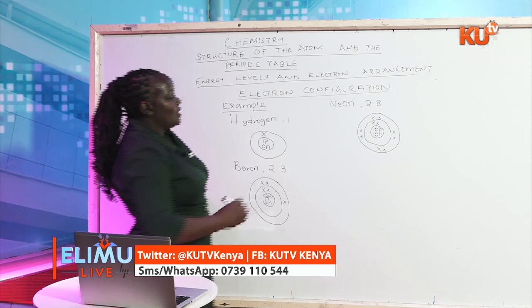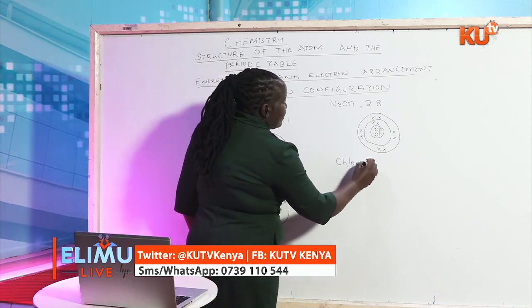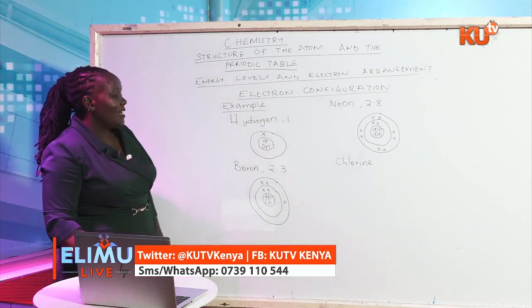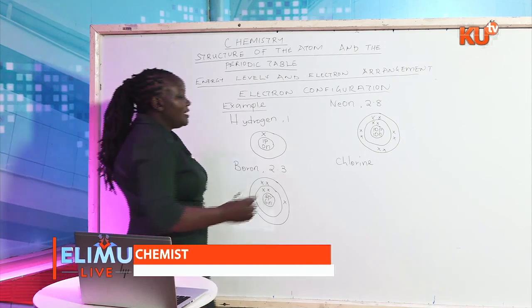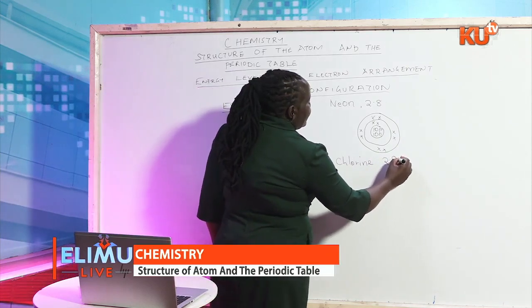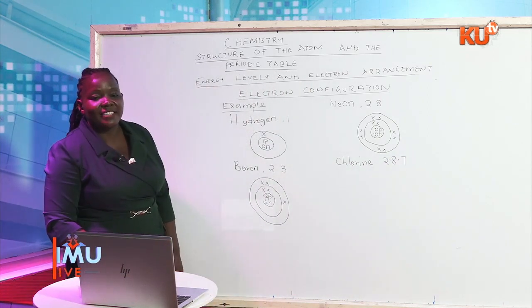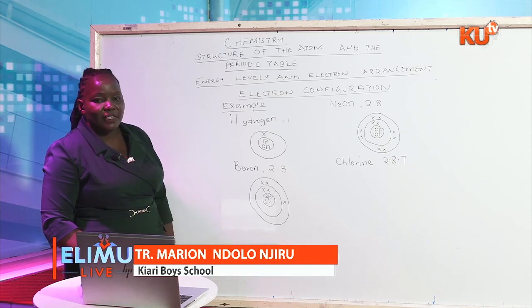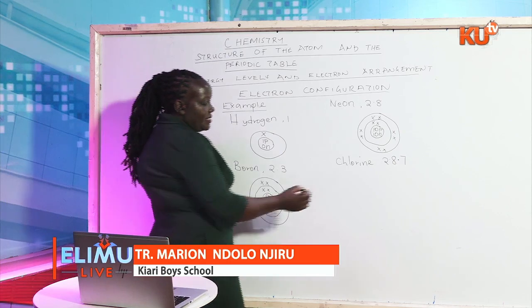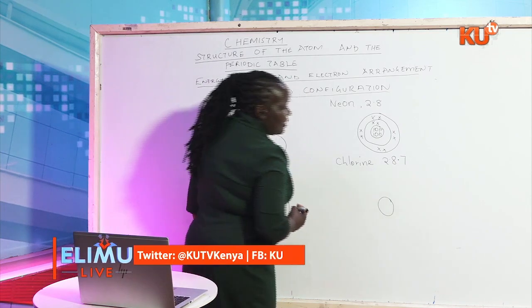Next, we looked at chlorine, which we said has 17 electrons. Therefore, its electron arrangement is 2, 8, 7. So this one has 3 energy levels. The first thing is we have said we start with the nucleus. So we have the nucleus there.